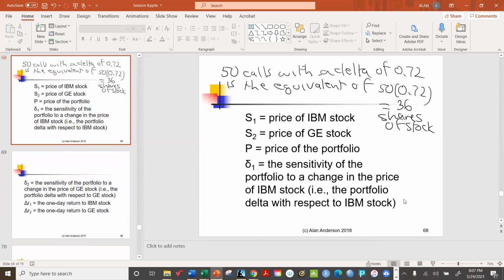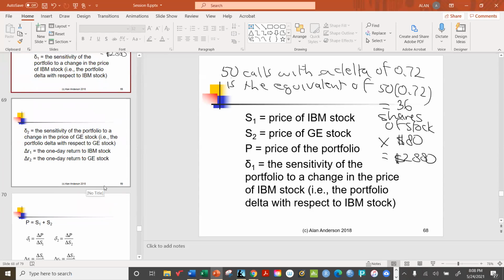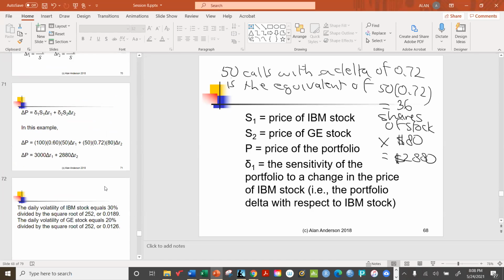So multiply that out, and that gives me a value of $2,880. So when it comes time to calculating the VAR of just these 50 calls, I can treat this as if it were a portfolio of $2,880 worth of this stock.